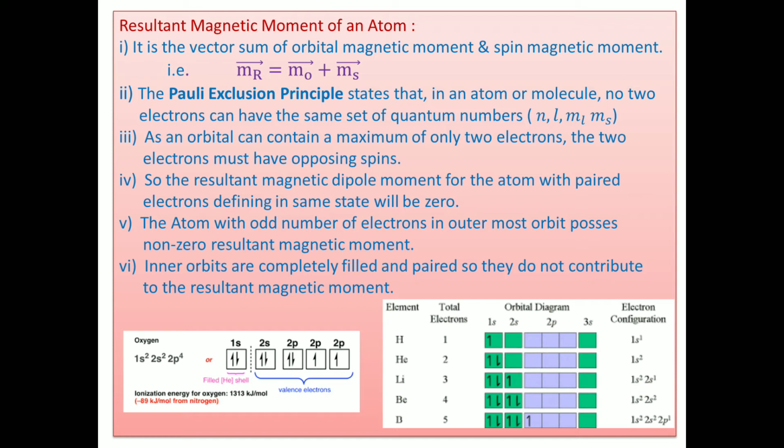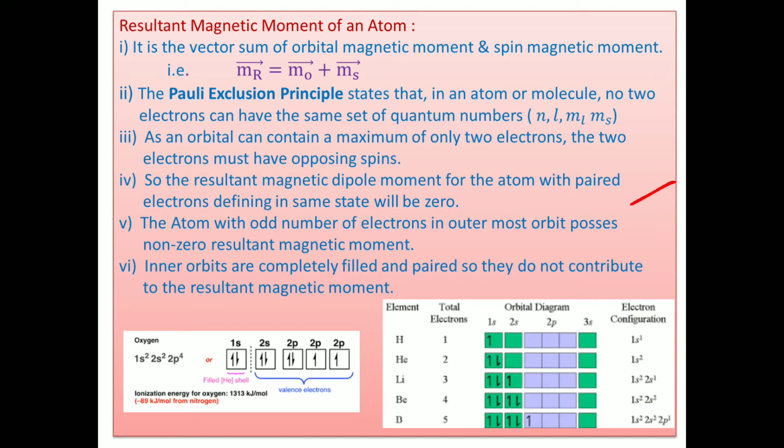And so the resultant magnetic dipole moment of an atom with paired electrons in the same state will be 0, because the electron moving clockwise produces a dipole moment in a particular direction, but the electron moving anti-clockwise produces a dipole moment in exactly the opposite direction.